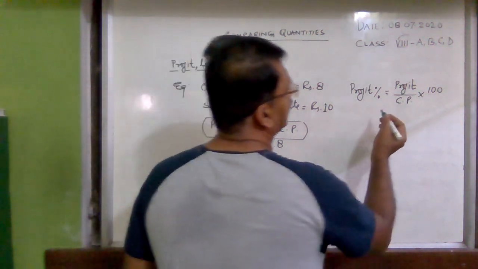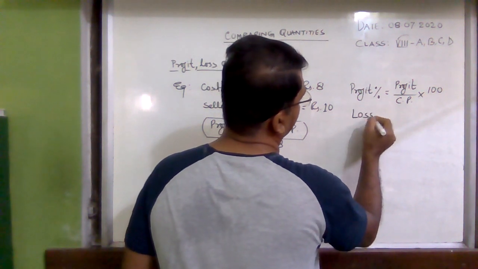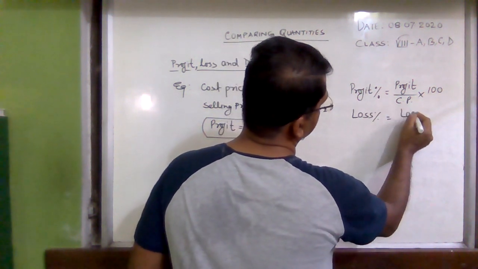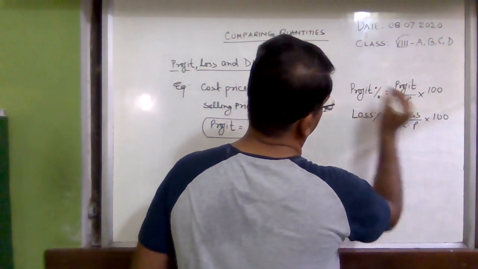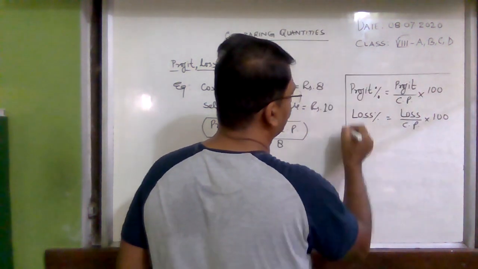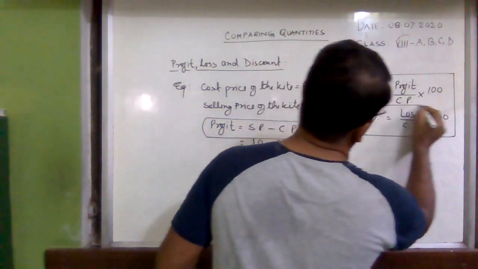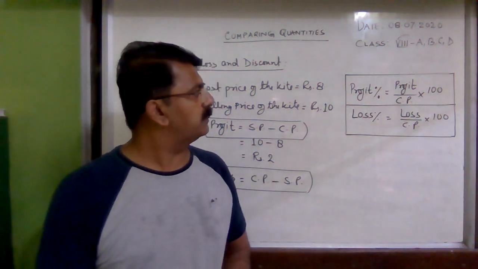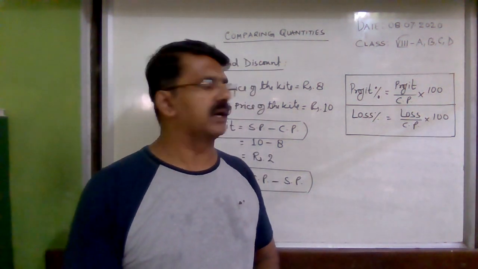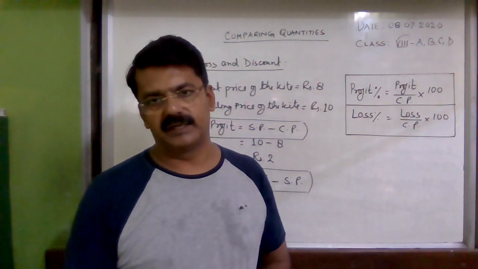So profit percent is profit upon CP into 100 and loss percent will be loss upon CP into 100. That is the formula for profit percent and loss percent.